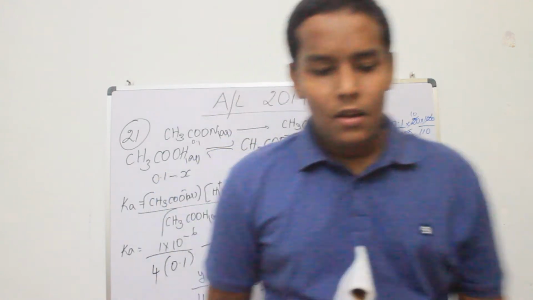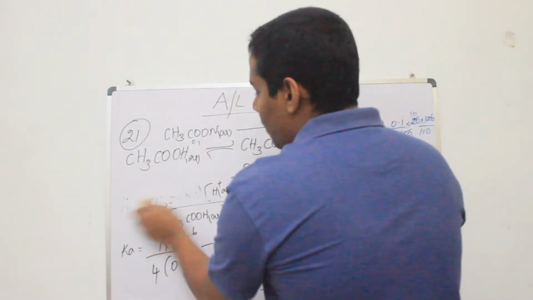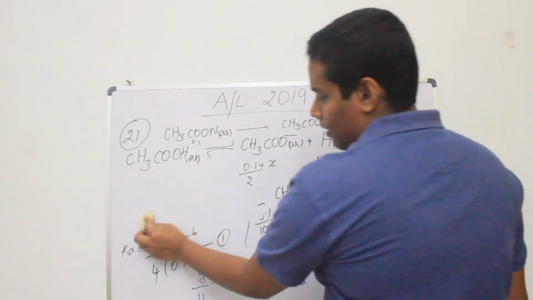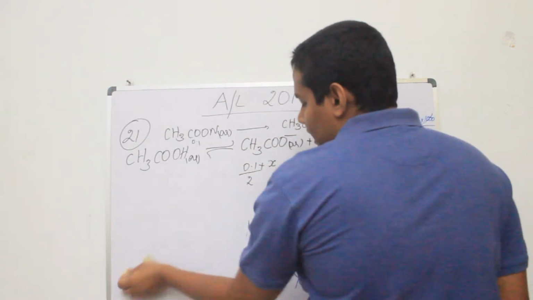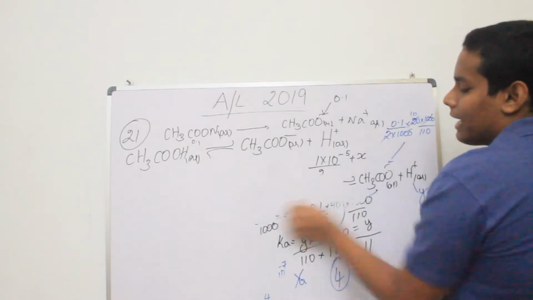Okay, weak acid. Now weak acid is something like this, no? If we dilute, we put more and more water. If we put more and more water, the concentration of the weak acid decreases.